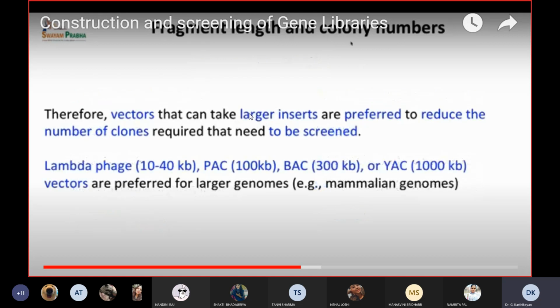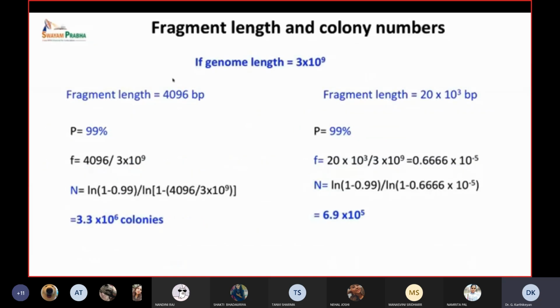So let's take the human genome, 3 into 10 power of 9 base pairs, and consider two different fragment lengths: 4096 base pairs and 20 kb fragments, so 20 into 10 power of 3 base pairs. Let's put P at 99%, so you want to be 99% sure of finding any sequence you're looking for in the gene library.